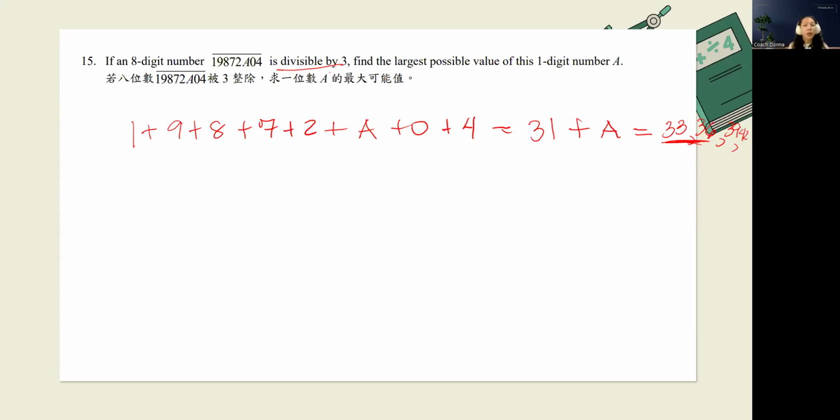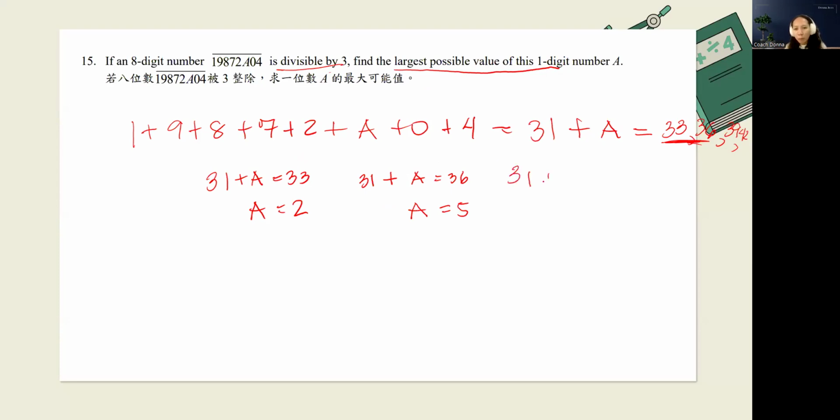Let's check which one works. 31 plus A equals 33, A would be 2. 31 plus A equals 36, A must be 5. 31 plus A equals 39, you'll have A equals 8. 31 plus A equals 42, you'll have A equals 11.